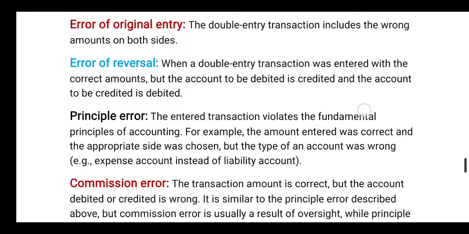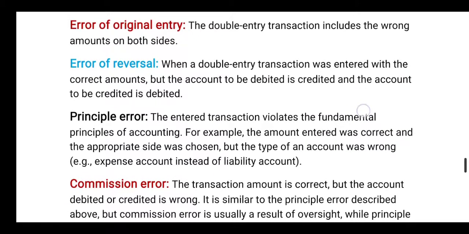Sometimes the journalizer, at the time of entering transactions, takes both sides wrongly. Then error of reversals. When a double entry is made with the correct amounts, but the amount to be debited is credited and the amount to be credited is debited.